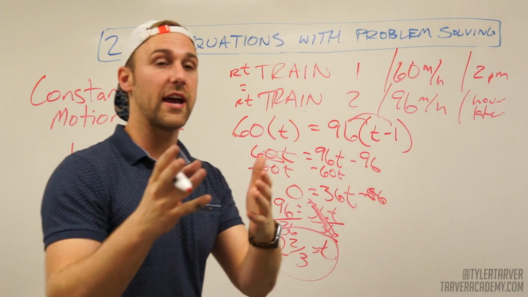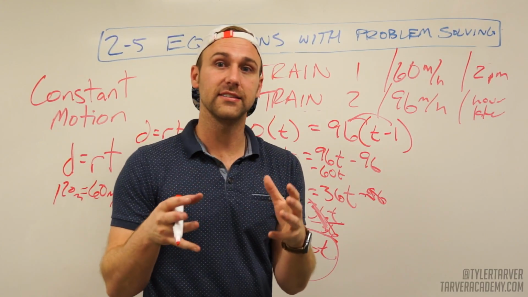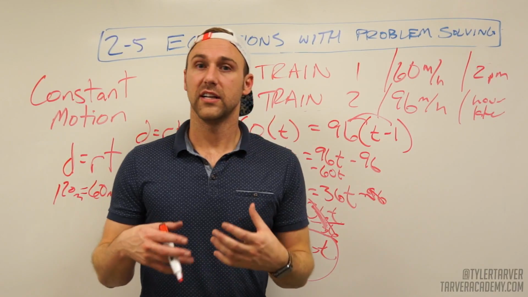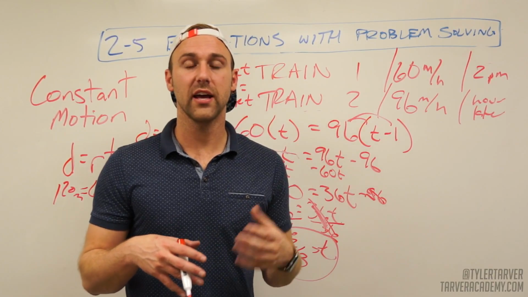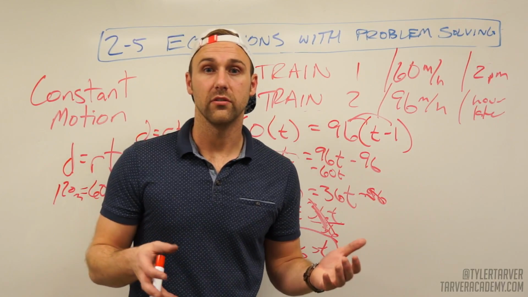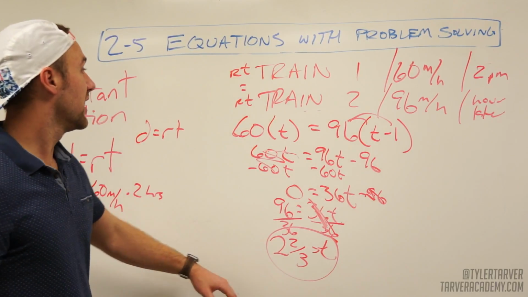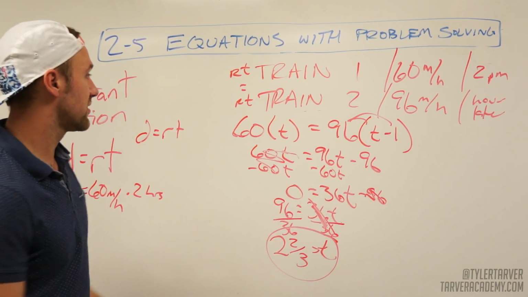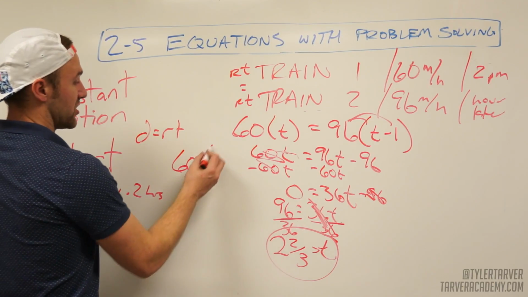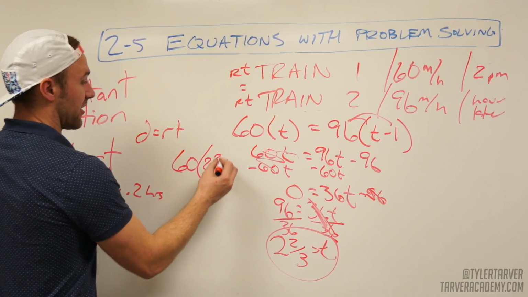Now, if you're working a standardized test like the ACT, this is going to be an answer. However, it's probably going to ask you in the original question to find the distance they travel. They're trying to trick you, okay? So you take that and plug it into either one of your equations. It'd be 60 times 2 2/3, which you can type into your calculator.